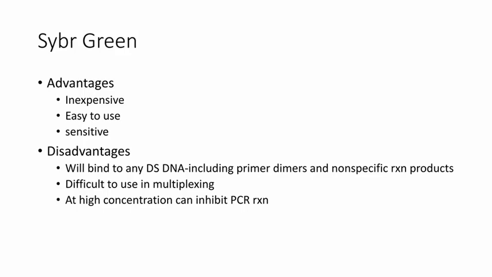So you can maybe amplify 2, maybe 3 different things at a time. But once you get beyond that, SYBR Green is completely impractical for use. And at very high concentrations, SYBR Green can actually inhibit the PCR reaction. So you do have to be very careful in how you use it.